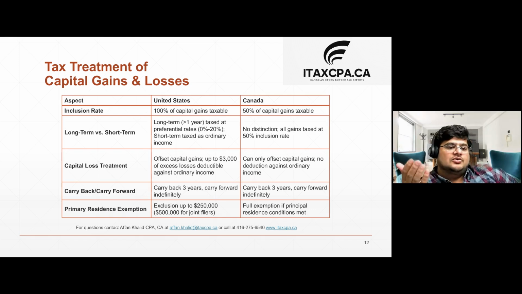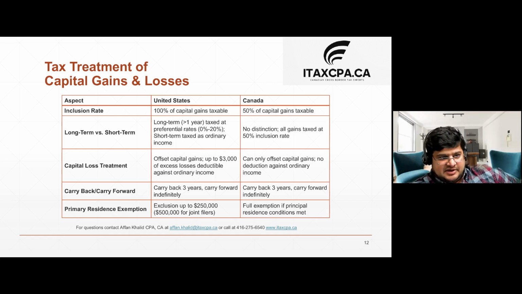You are allowed to carry back the capital losses 3 years, and you can carry forward indefinitely, which I think is the same as the US rules, so no differences there. But they are very limited in their application. These capital losses can only be applied against capital gains.